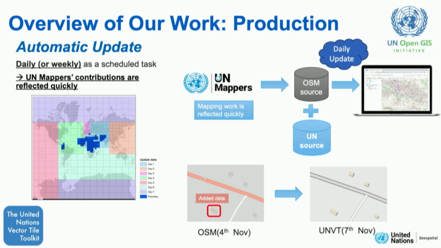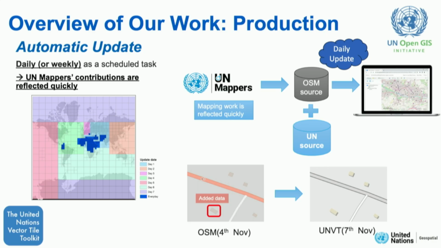This automatic update feature is useful because there are many UN mappers contributing to OpenStreetMap. They voluntarily add data to OSM, and then we convert the data to vector tiles on a daily basis. So their mapping work is reflected quickly.